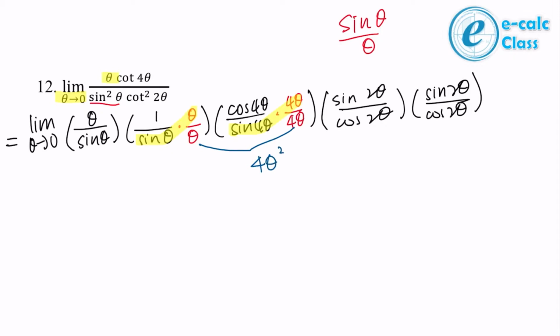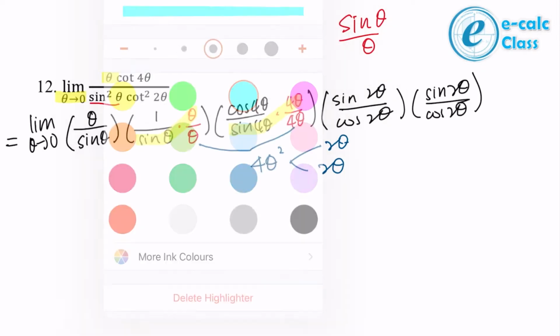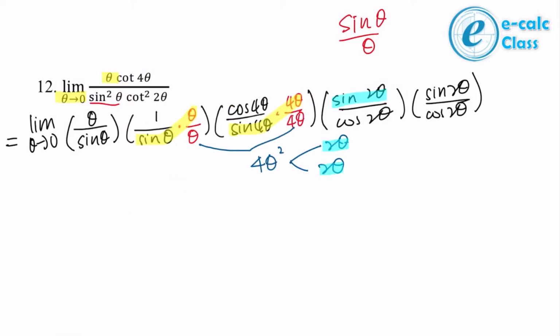And this 4 theta squared can be divided into 2 theta times 2 theta, and I just have to give 1 to each of them, right? Okay, it's a little bit messy here. I'll write it nicer in the next step. It just happened to be like that.